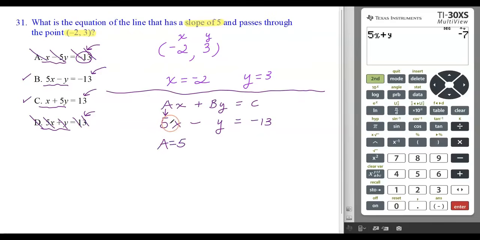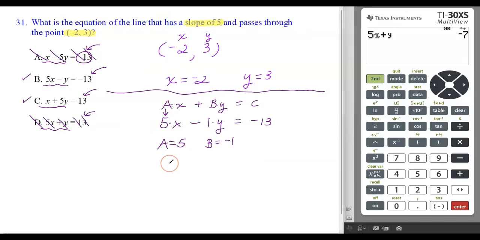Because the x is multiplied by 5. And the A value is what the x is multiplied by. The B value is what the y is multiplied by. There's really a 1 here. It's not showing. So the y is multiplied by minus 1. You want to include that minus sign right here. So the B value is minus 1 or negative 1.